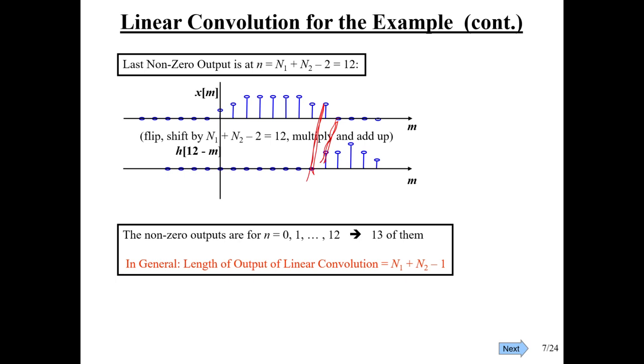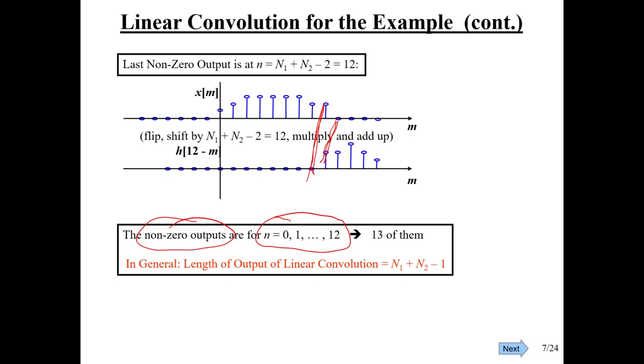Every product will be 0, and we'll get 0 out at n equal to 13, and likewise for 14 and 15 and so on. So what we've seen is that the values where we have potential non-zero outputs, yeah, some of those in the middle could be 0 if the products add up to 0. They wouldn't in this case. But we're going to have output values of non-zero potential for those output indices.